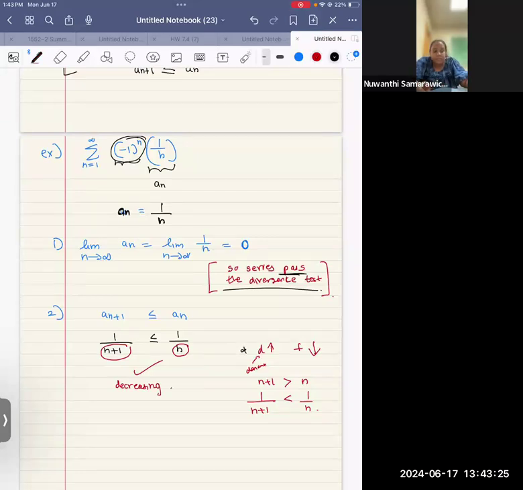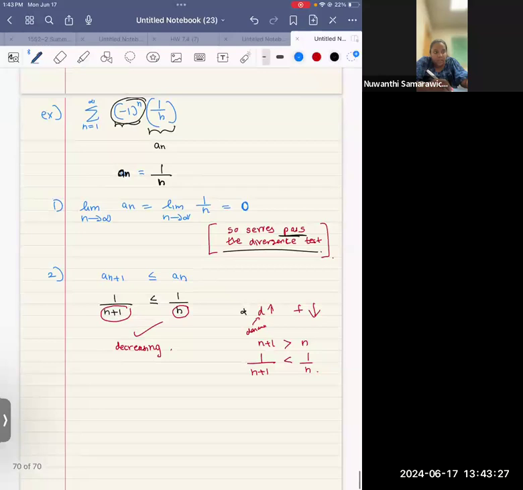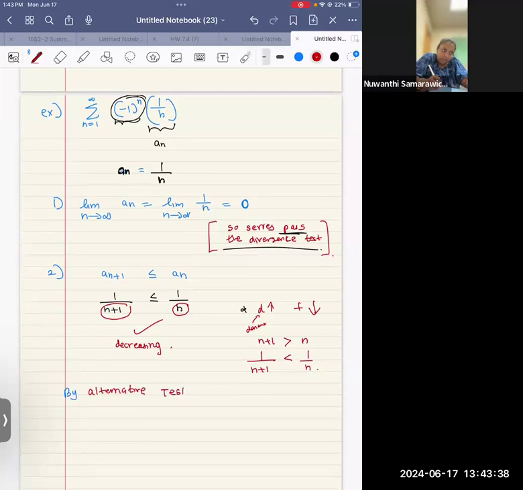So since we satisfy these two conditions, by the alternating series test this series is convergent.